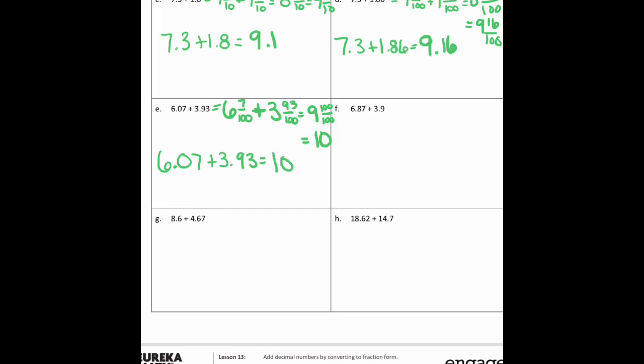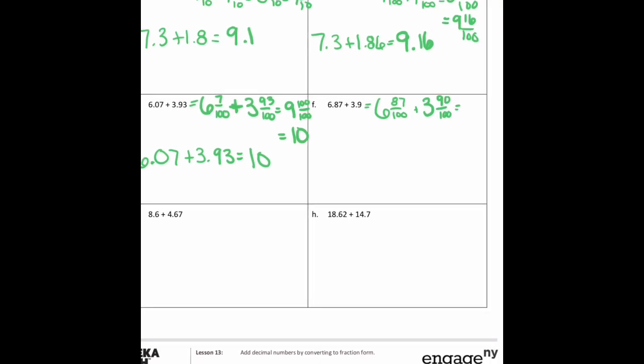Alright, let's look at F. We have 6.87 plus 3.9, so I'm going to put those in hundredths, so 6 and 87 hundredths plus 3 and 90 hundredths, because that's the same thing as 9 tenths. Now when I add these, the 6 plus the 3 is going to give me 9.